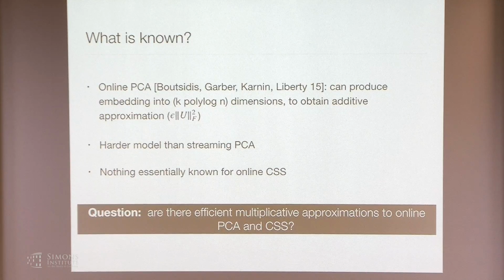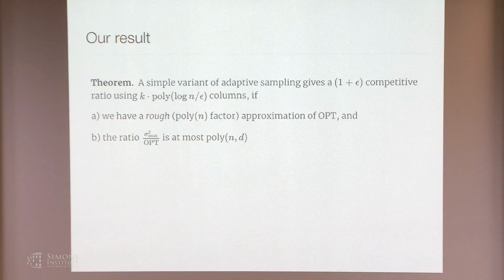What we show is a simple variant of what is known as adaptive sampling, which gives a 1 plus epsilon comparative ratio and uses something like k times poly log n divided by epsilon columns, assuming two conditions.